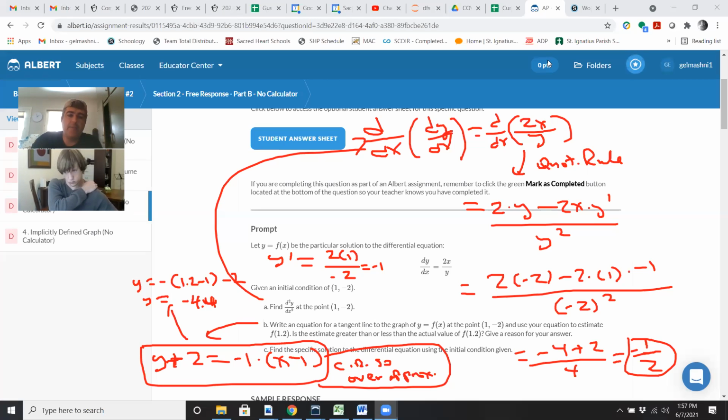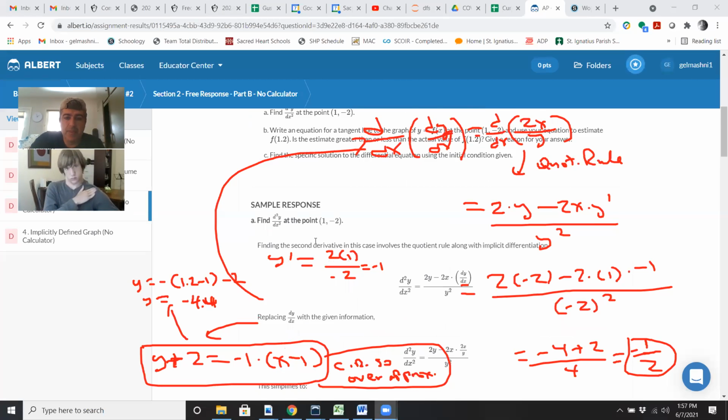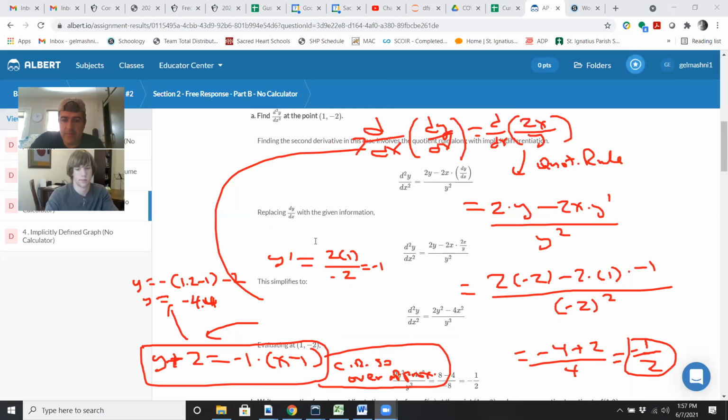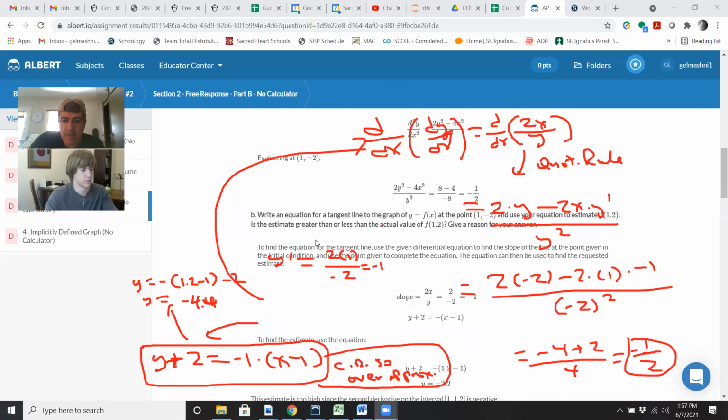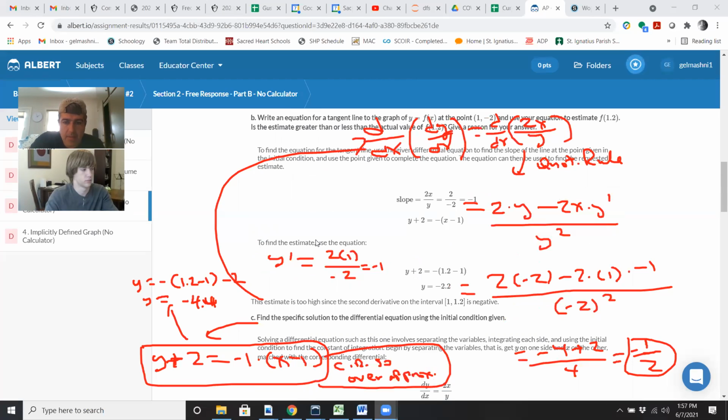We're concave down. The tangent will be above the graph, making it an over approximation. So you can see here, yep, -1/2. Yep, y plus 2 equals negative parentheses x minus 1. Should be -4.2. They forgot to move the 2 over. So yeah, notice mistakes here.